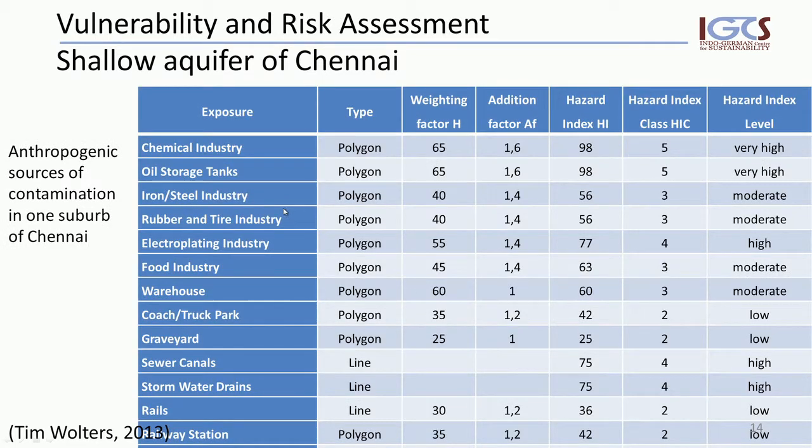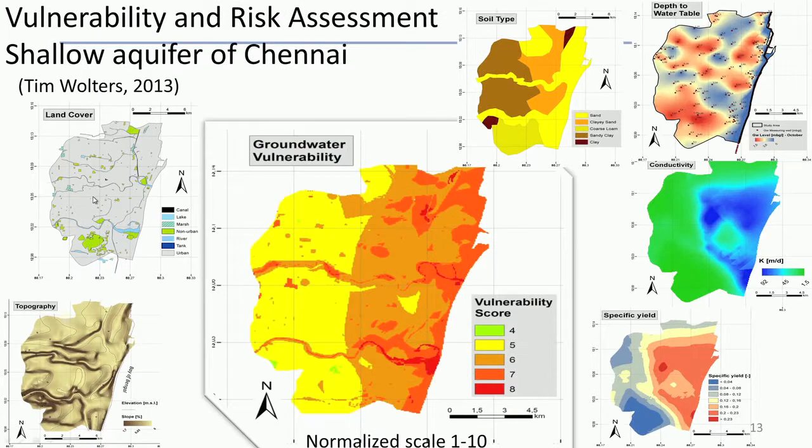Besides the natural vulnerability, we also have our exposure component, which are all of the human-induced sources of contamination. This was compiled for just one suburb, not for the entire area that we have seen in this map.